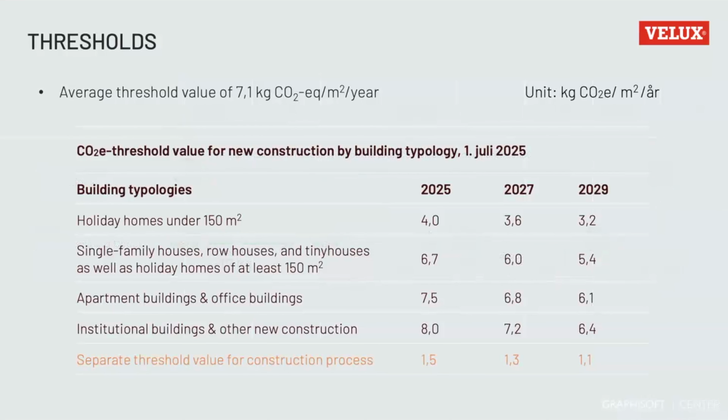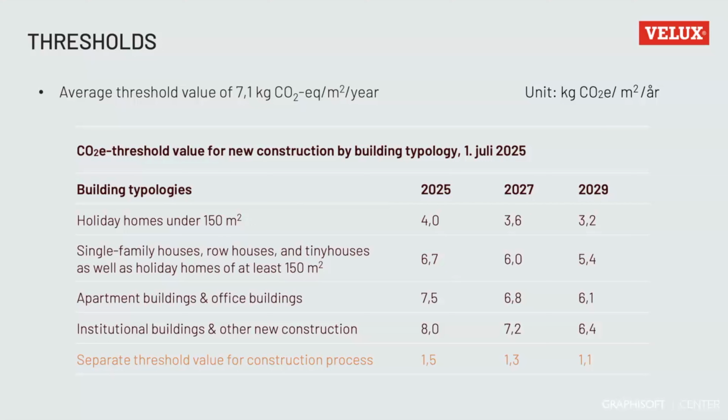And we can't really use this average threshold too much except for realizing that the requirements get stricter and stricter, because there is a specific threshold for every building typology. So for example, if you want to build a holiday home under 150 square meters, you need to stay below a threshold value of 4 kilograms CO2 per square meter per year.